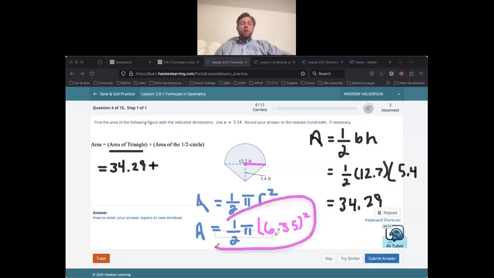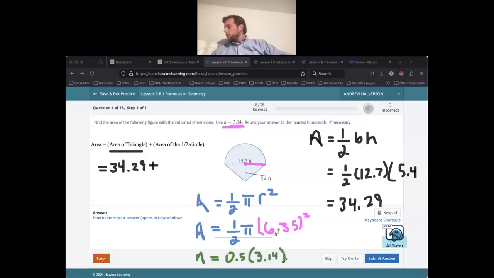So now you apply the order of operations to this. It's telling you for pi, use 3.14. So what do we get? This becomes area equals, I'm going to turn this into 0.5, 1/2. I'm going to turn pi into 3.14, and then 6.35 squared, do on your calculator, is 40.3225.